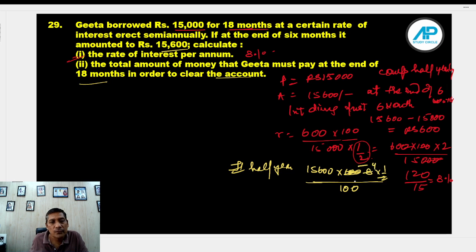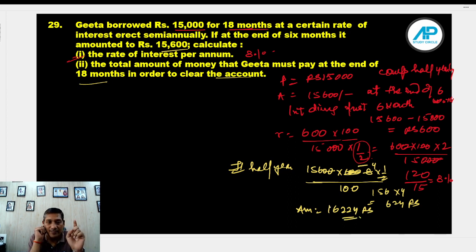This makes it 4. 00 is gone. I got 156 into 4. That would give me the value of interest during second half year. Find the amount, add into this, and that gives me amount equals 16,224.